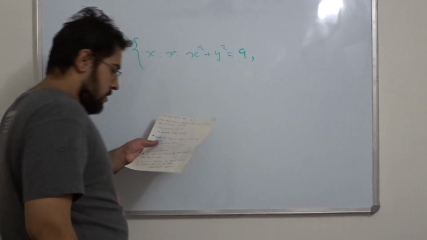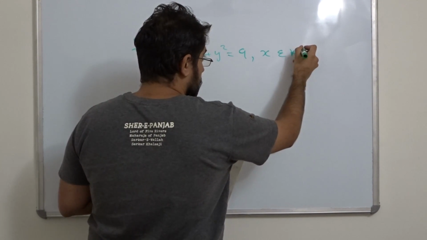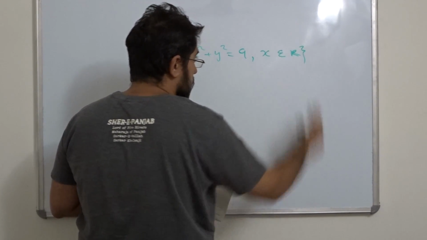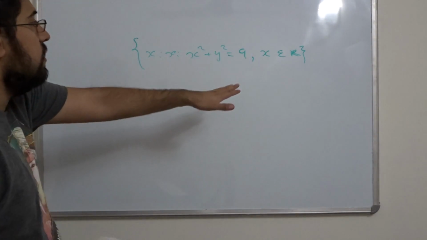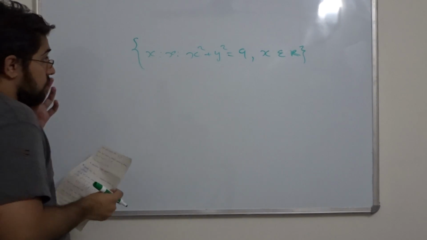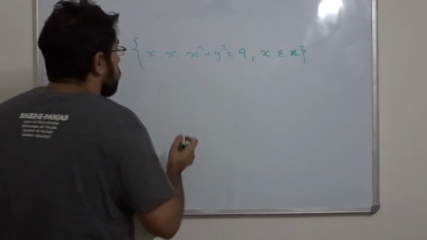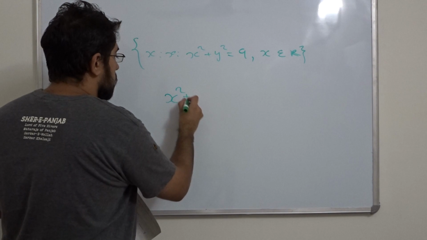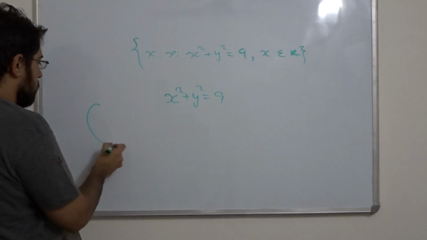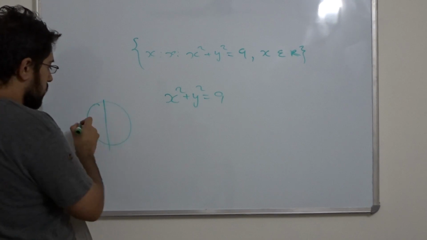Okay, so x belongs to R. Mind you, guys, this is an R, it's not a K. As all of you know, x squared plus y squared is equal to 9. Basically, this is a circle with the center at the origin, I'm assuming.